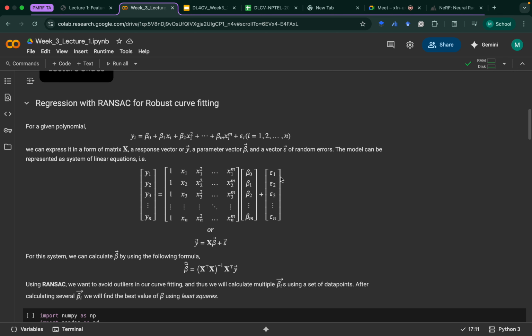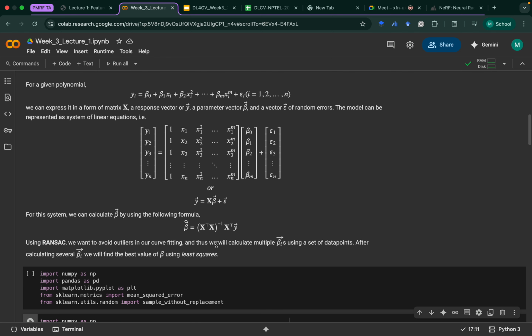What is my objective? I want to minimize this error. That is the linear least squares objective, where I am trying to minimize the error, that is the norm of y minus X beta. The least squares solution for this system of equations is in this form.